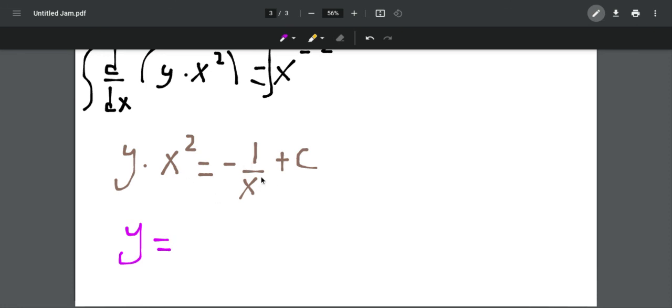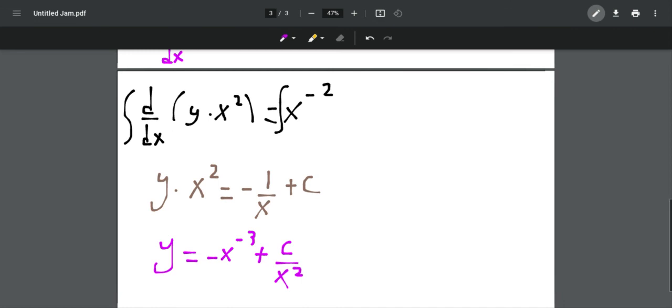Negative 1 over x is the same as negative x to the negative 1, and dividing by x squared we can write it as negative x to the negative 3, plus c over x squared. We could have an initial condition, but in this case, we don't.